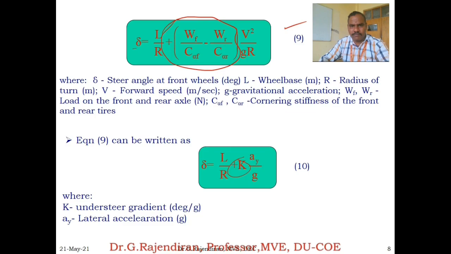Clear? The delta F is the steering angle required. The steer angle increases with the square of the vehicle speed when K is positive.